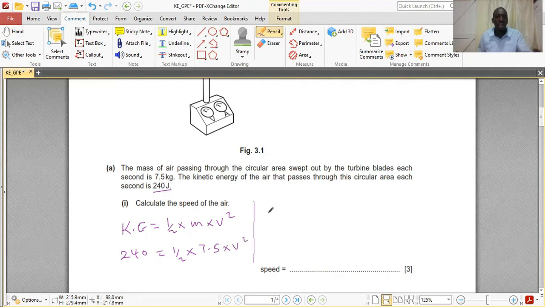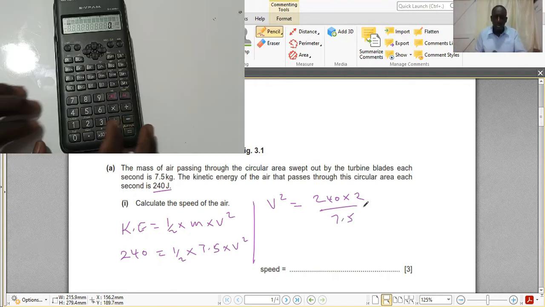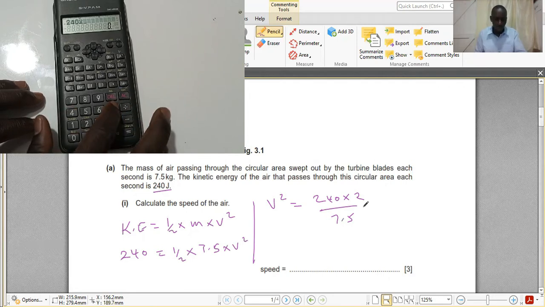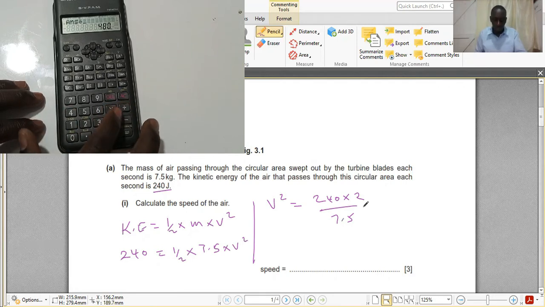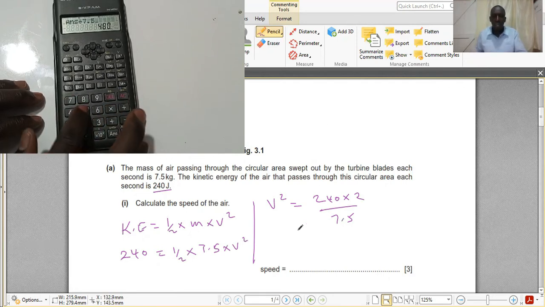If we make v squared the subject of the formula, we multiply both sides by 2, then divide both sides by 7.5. So this will be 240 times 2 divided by 7.5, and that is 64.